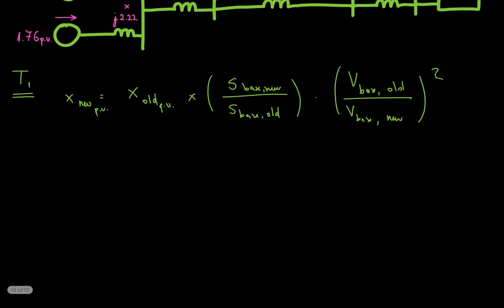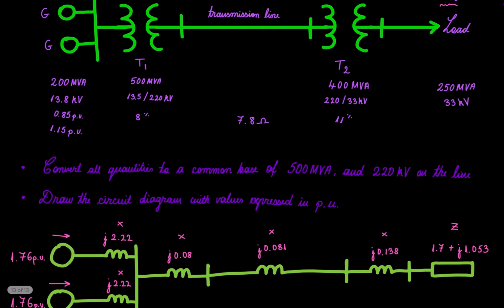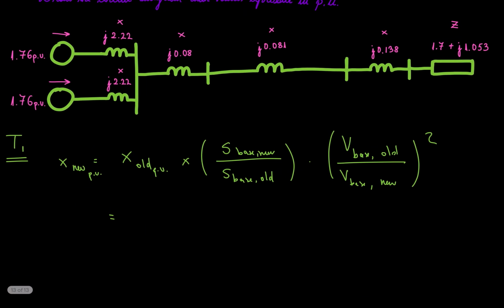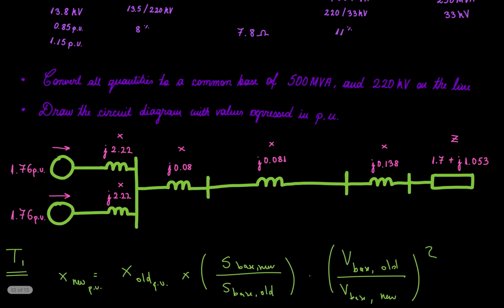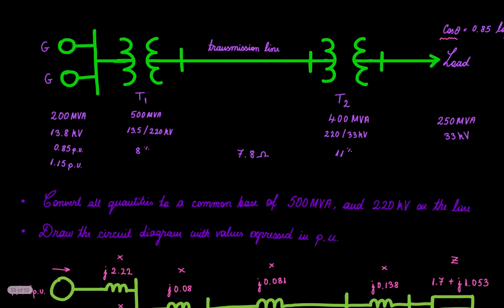So for the transformer, what is the old reactance in per unit? 8%. And 8% is 0.08 times by what's our new base? Our new base, 500. And our old base is also 500.